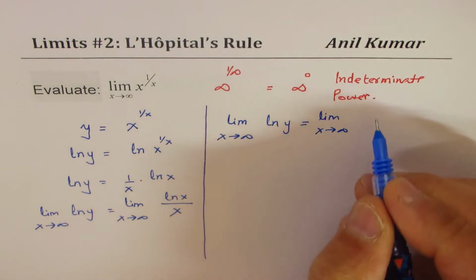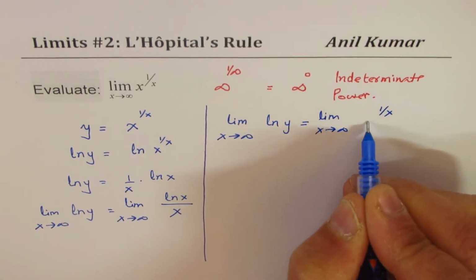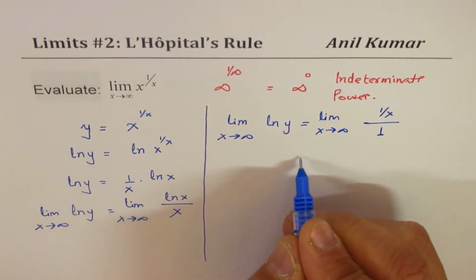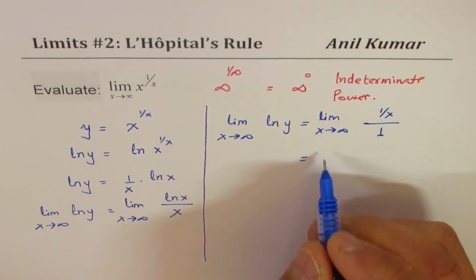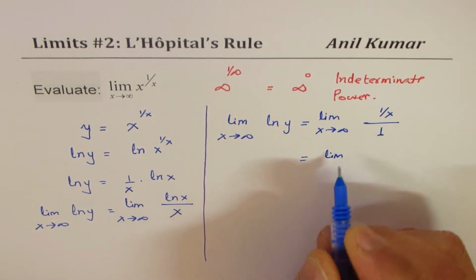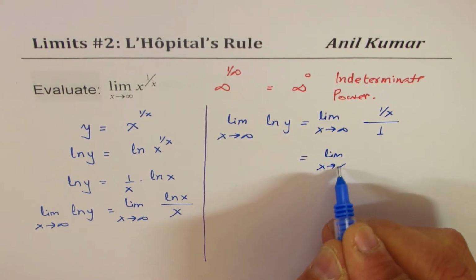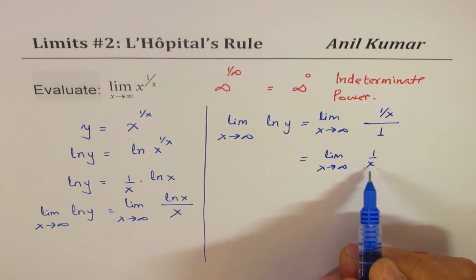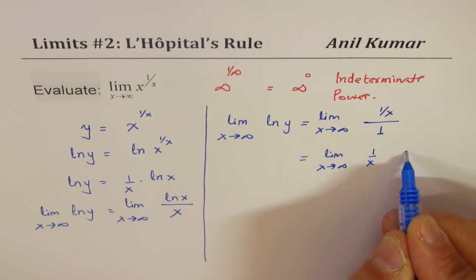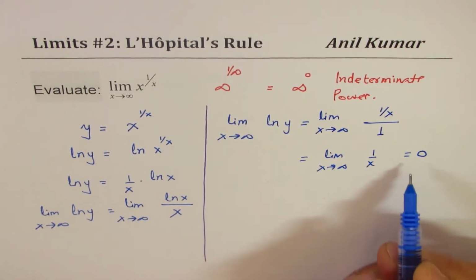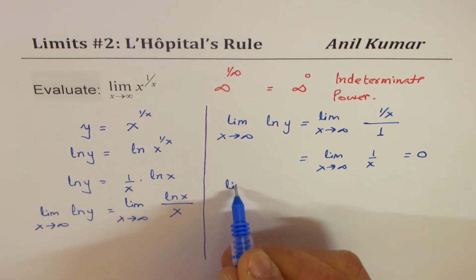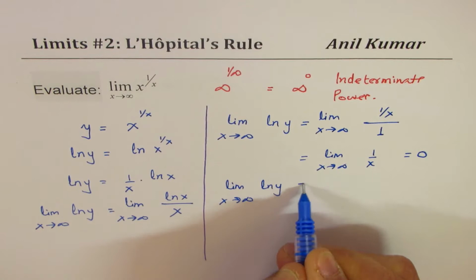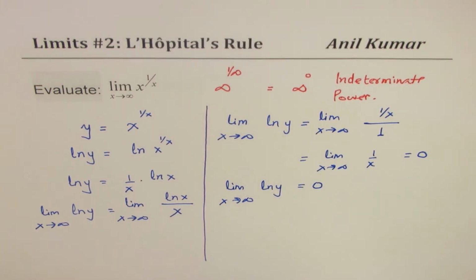Derivative of ln x is 1 over x, and derivative of x is 1, correct? So on the right side, what do we get? We get limit x approaches infinity for 1 over x. Now, if x is very large, then this approaches 0. So we get that the limit when x approaches infinity for ln y is equal to 0.